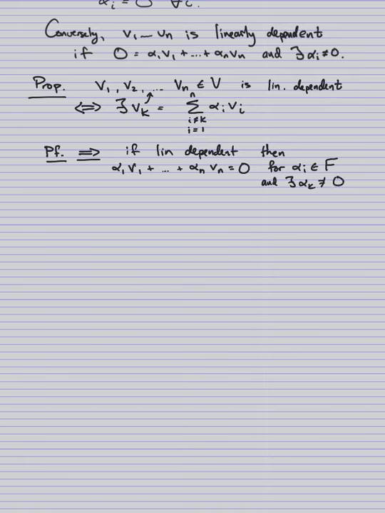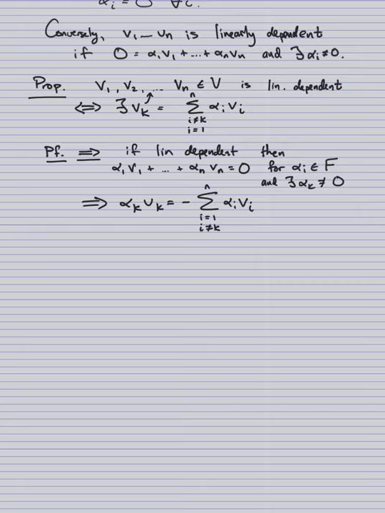We don't really know anything except that there's one term which is not equal to 0. Therefore, I can certainly pull that to the other side. So I get alpha k v sub k is minus the sum over i from 1 to n, i not equal to k, of alpha i v sub i.